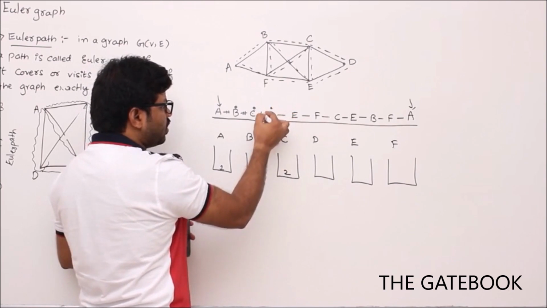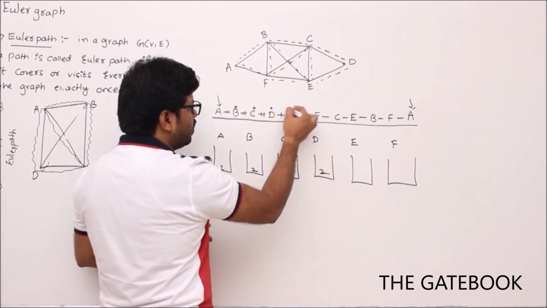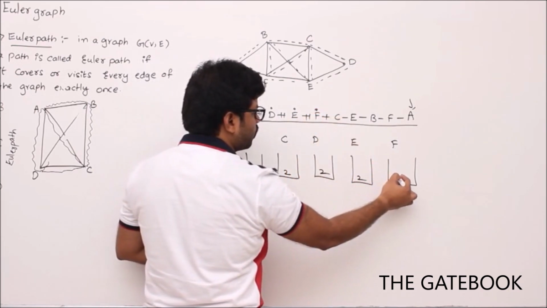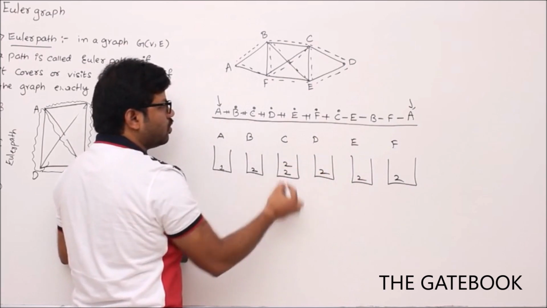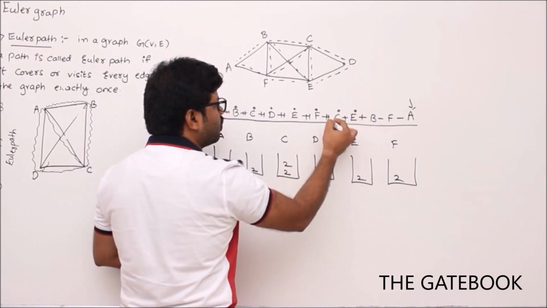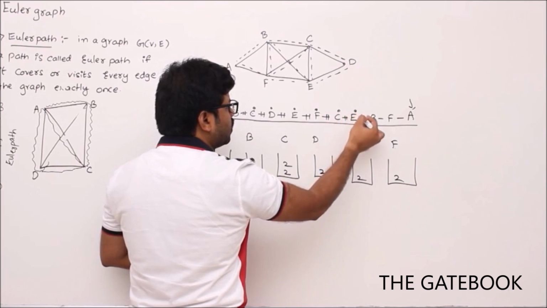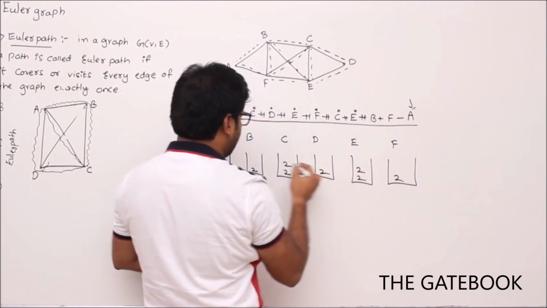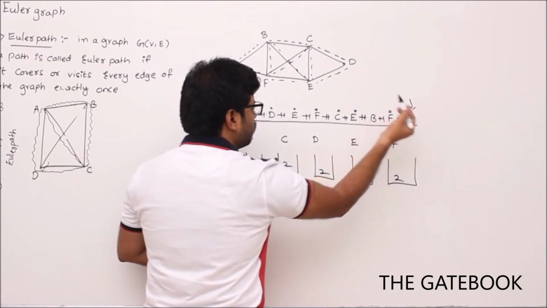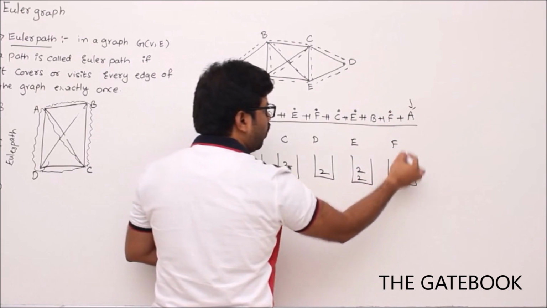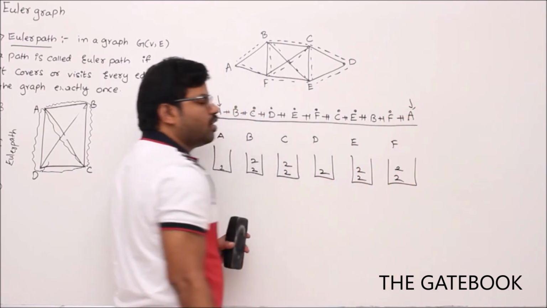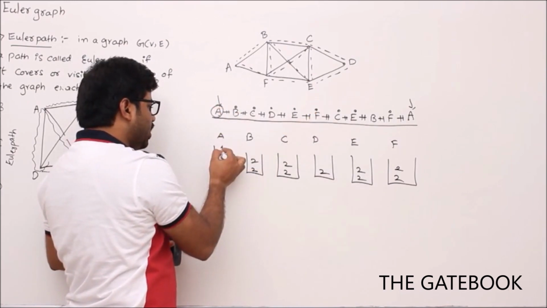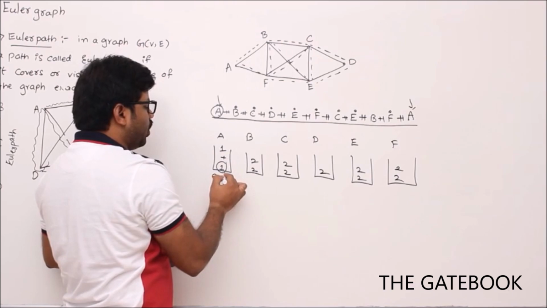Now D gets 2, then E gets 2, F gets 2, C gets 2, E gets 2, then B gets this one and this one, 2. So F gets 2, and now A gets only 1. But A already got 1 because of being the starting vertex. Since it is again the ending vertex, that +1 will become an even number.